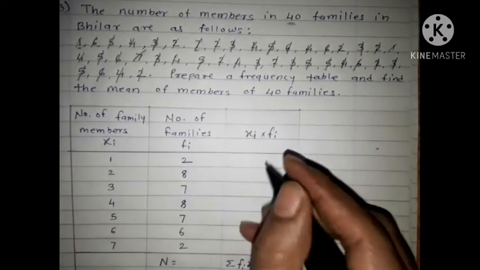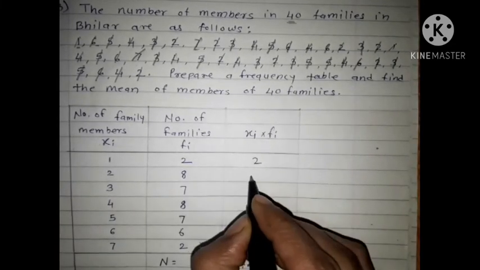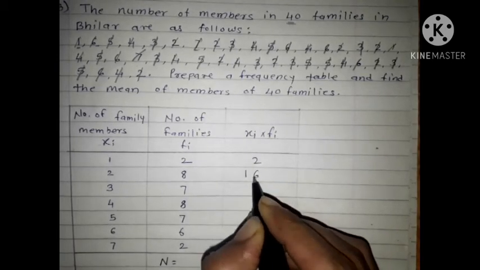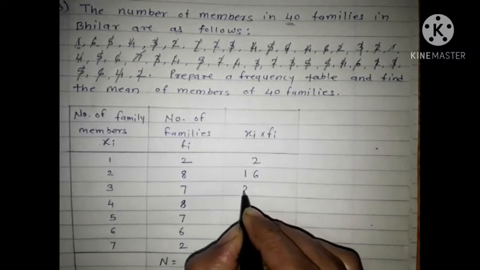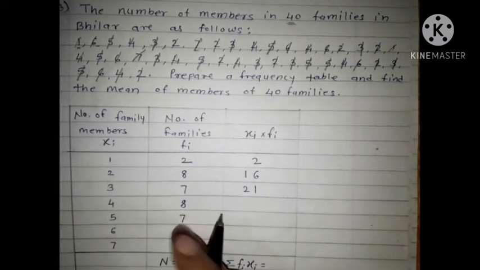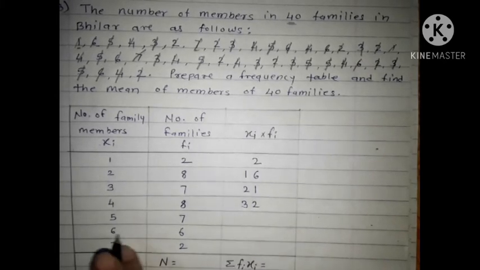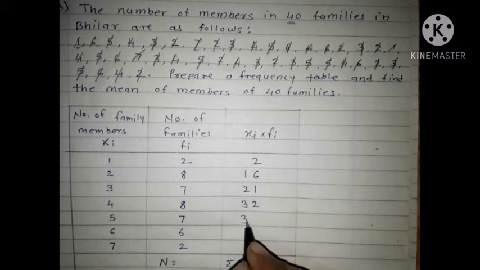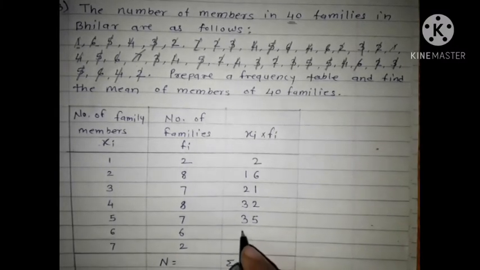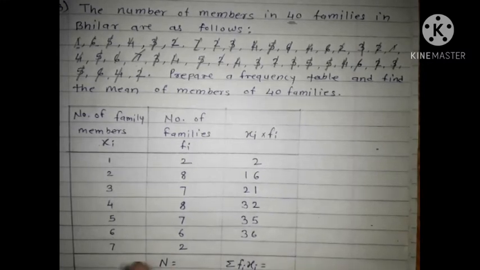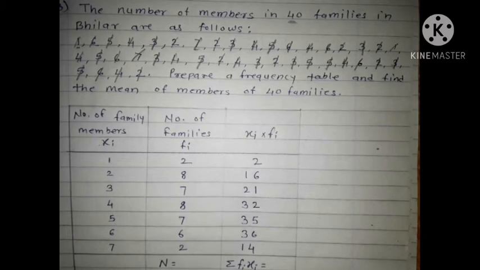Here 1 into 2 is 2. 2 eights are 16. 3 sevens are 21. 4 eights are 32. 5 sevens are 35. 6 sixes are 36. And 7 twos are 14.